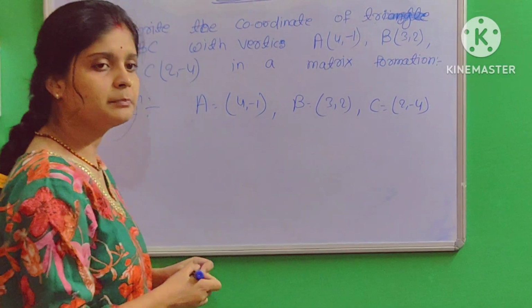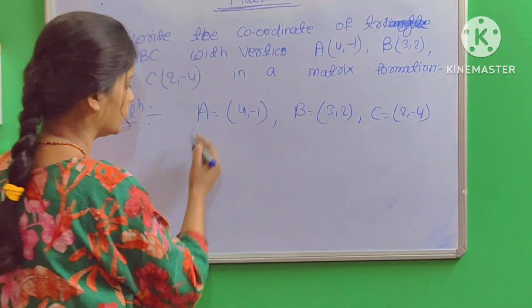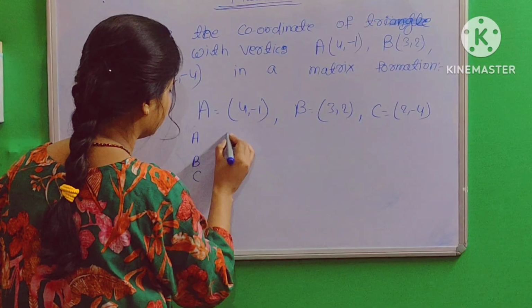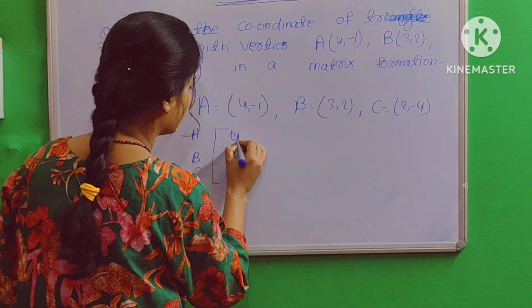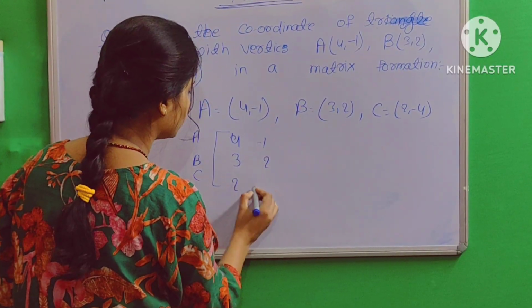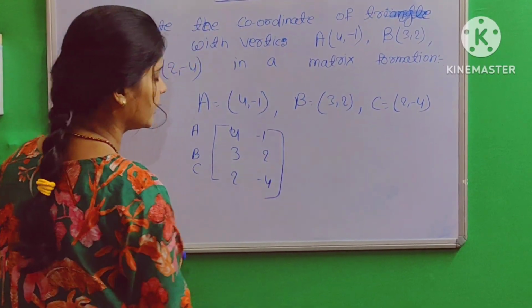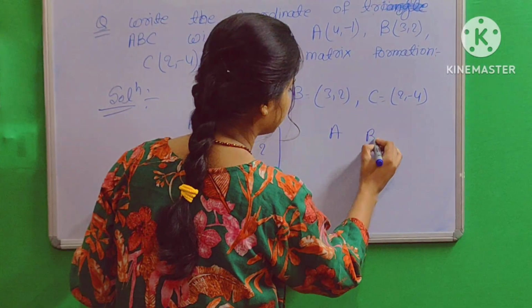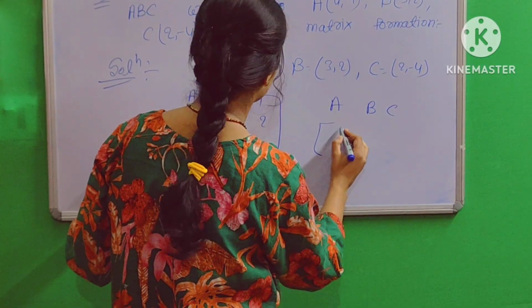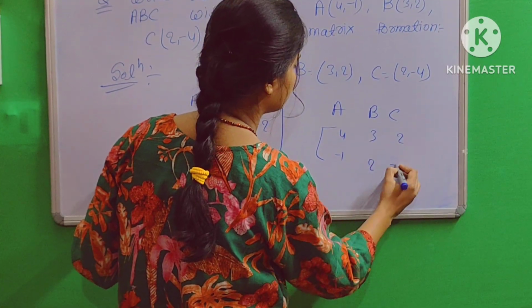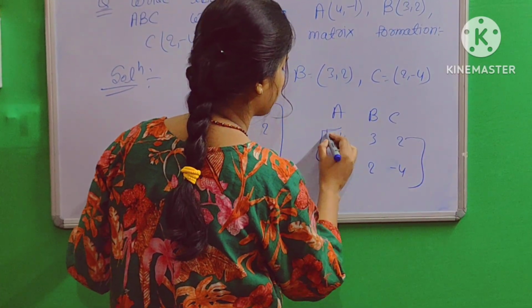We can write with two types of matrix. First, if we want A, B and C, we can write 4, -1, 3, 2 and 2, -4. Okay? And in another way, we can write this as 4, 3, 2 in the first row and -1, 2, -4 in the second row.